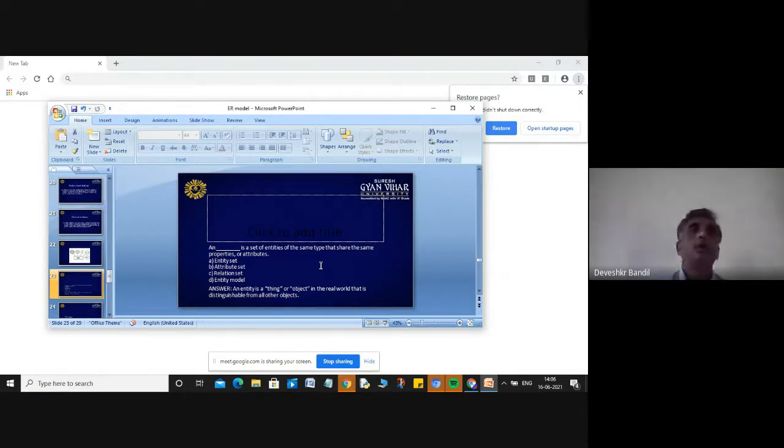Suppose you have a database, and your date of birth is one of the attributes of your student table, and date of birth is physically present in your database, but age is not physically present, but you can derive the age from your date of birth.